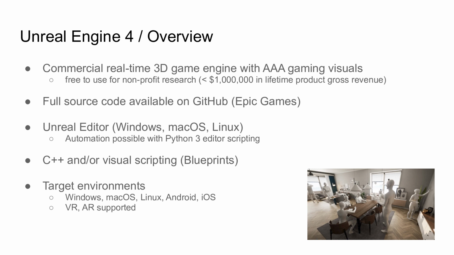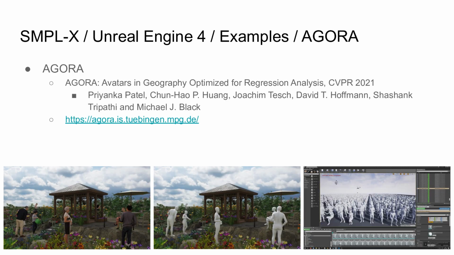Let's look now at two examples of published research work where we use SMPLX meshes in Unreal Engine. Our first example is Agora, avatars and geography optimized for regression analysis. It has been accepted into CVPR 21, so you have a chance to find more about it during the conference. We used Unreal Engine 4 to render over 17,000 synthetic images at 4K resolution.